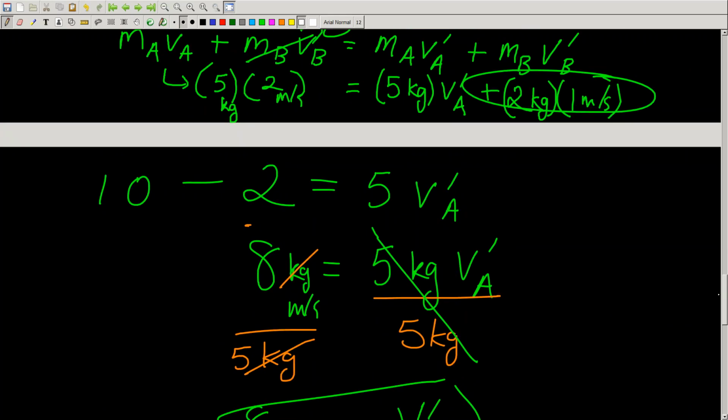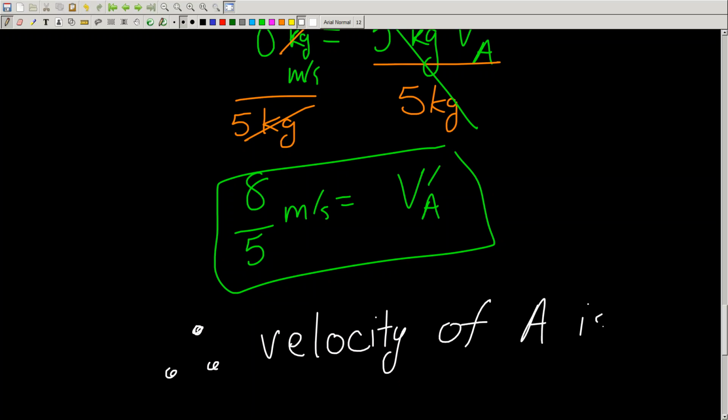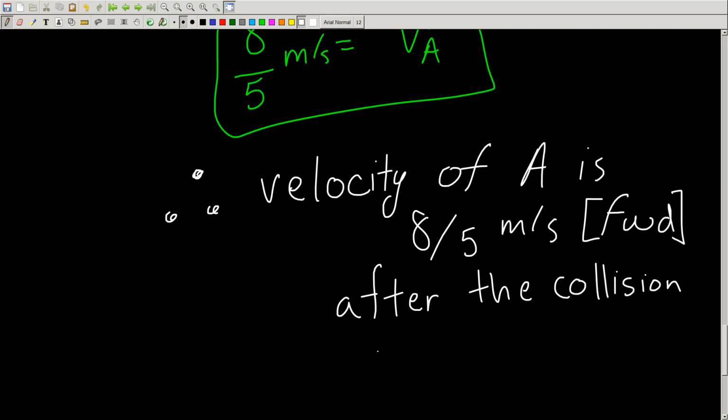So I set up the equation isolated for A's velocity. So I'd say the velocity of A is 8/5 meters per second forward. And then I'm going to add after the collision. Okay, so that is an example of how to use conservation of momentum.